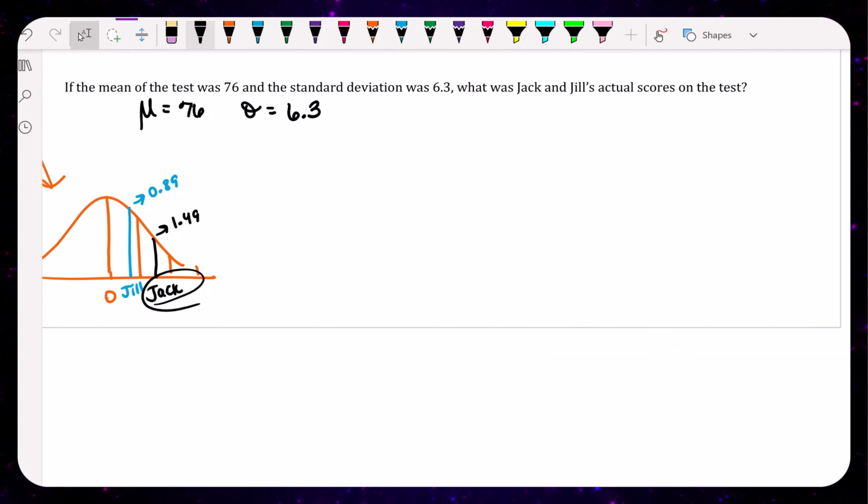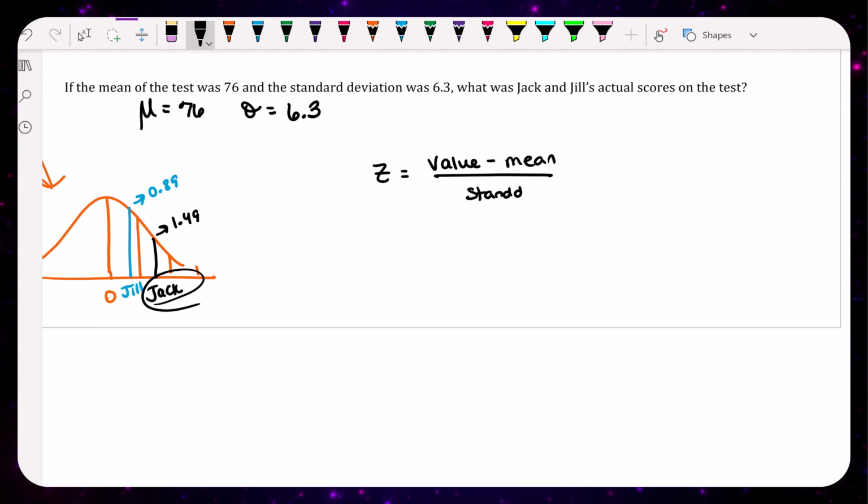So what you're going to do is you're going to take your z-score formula: the value or your data point minus the mean divided by the standard deviation. Okay. So I'm just trying to write that as fast as I can. So let's do Jack's score first, and then we'll do Jill's score next.